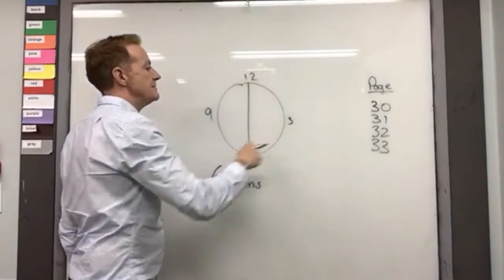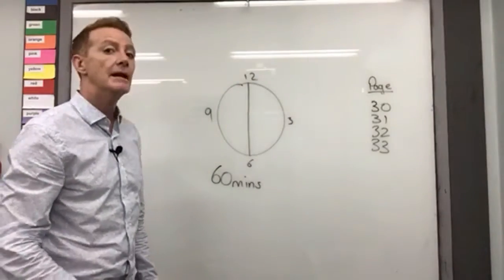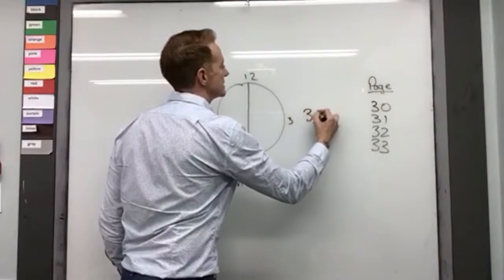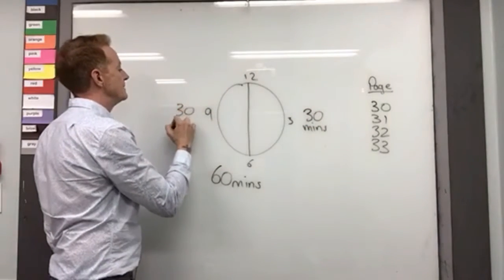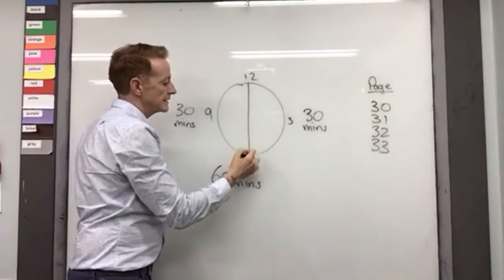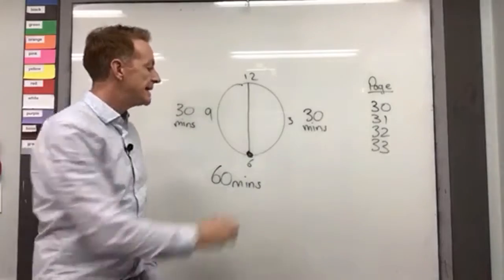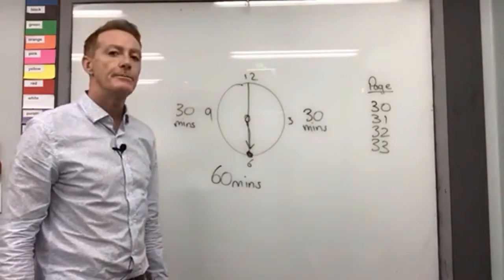If there's 60 minutes in 1 hour, how many in half? 30 minutes. Good. So the other side is the same, 30 minutes. So this is half. When the big hand of the clock is down here, then you know it's half past.